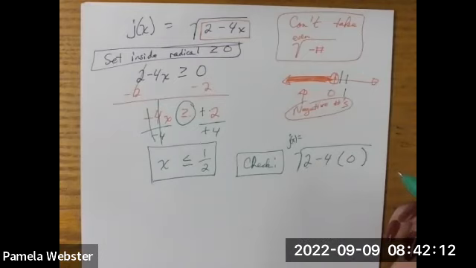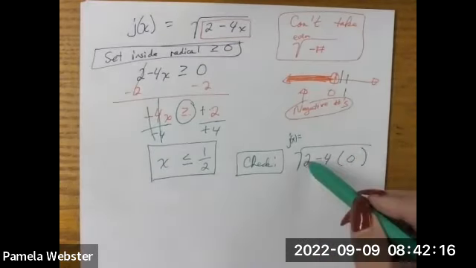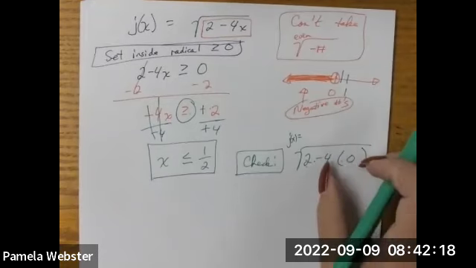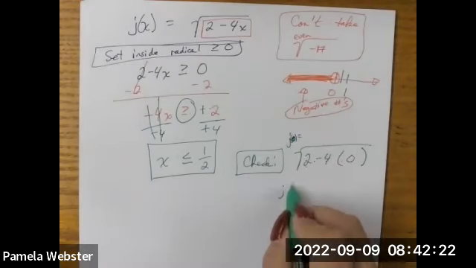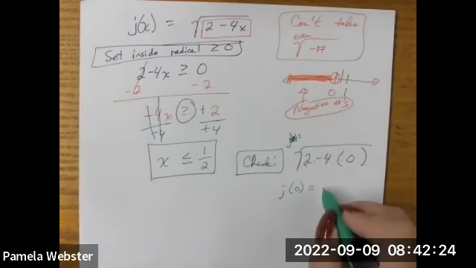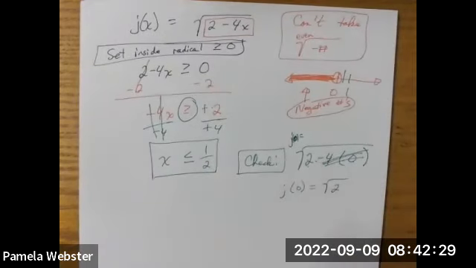Okay, so if I do that, 4 times 0 is 0, and then 2 minus 0 is 2. So g of 0, that's my checkpoint, gives me the square root of 2, because that part goes away, right? Is that an okay answer? Yes, that's all right.